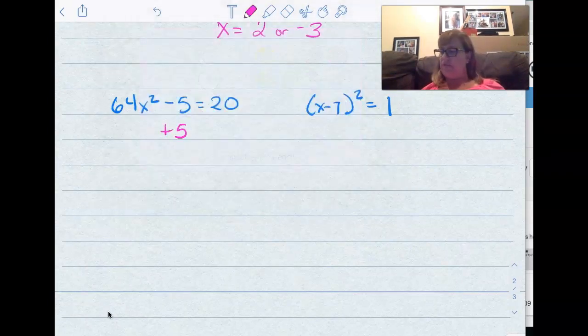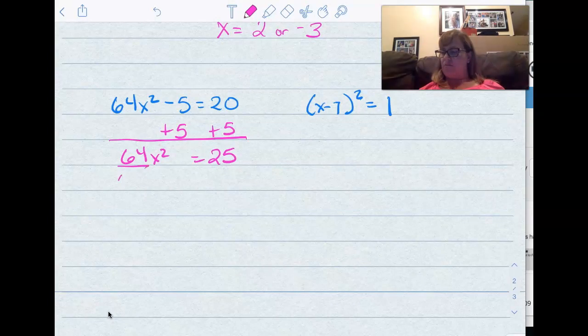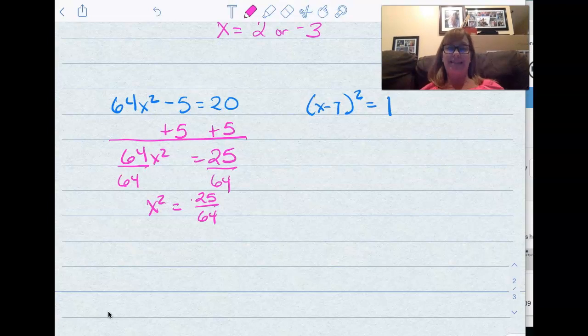First thing you do on this one is add 5 to both sides because we want to start trying to whittle away and get x by itself. 64x squared equals 25. I now want to create a 1, so I divide by 64, multiply by the reciprocal. I get x squared equals 25 over 64. Do not make this a decimal. Leave it this way. We now have to take the square root of both sides.